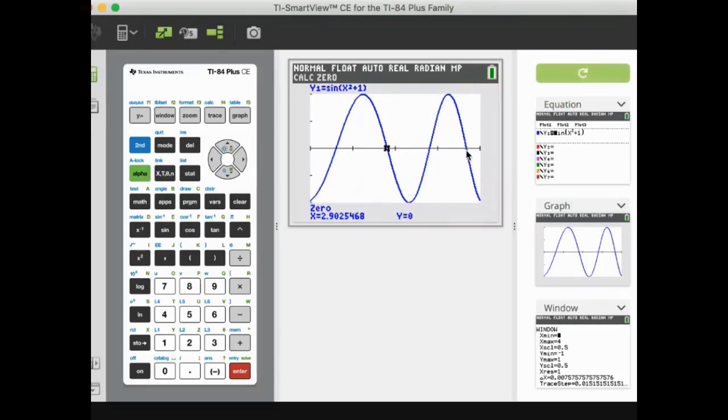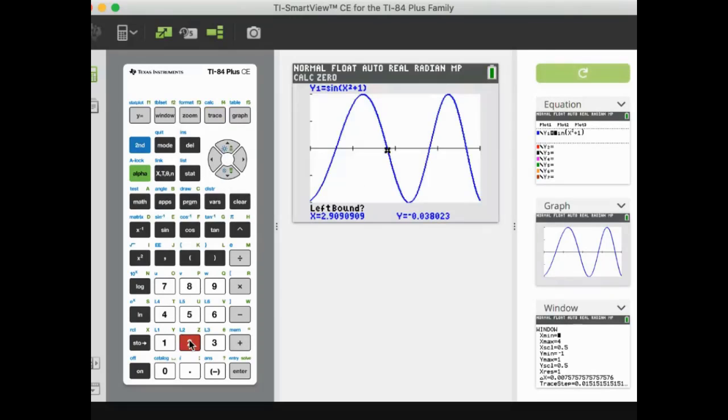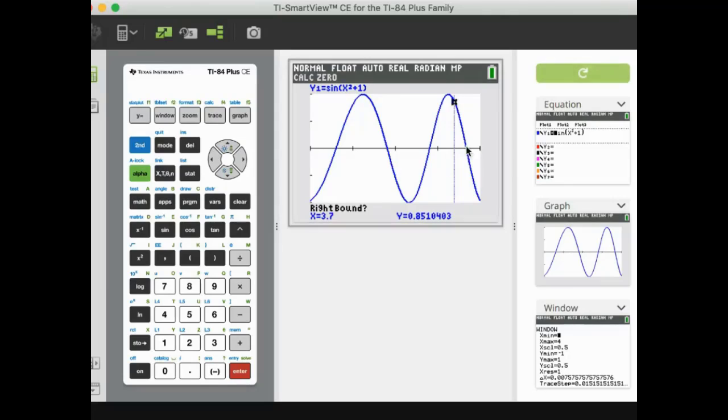So now let me go ahead and find this maximum over here. I'm going to do the exact same thing. Second, trace or calculate. I'm going to find the zero, number 2. I want a value to the left of this, but to the right of this. This is 3.5, so let me go ahead and say 3.7. I need a value to the right of here. This is 3. I don't want to choose 3.